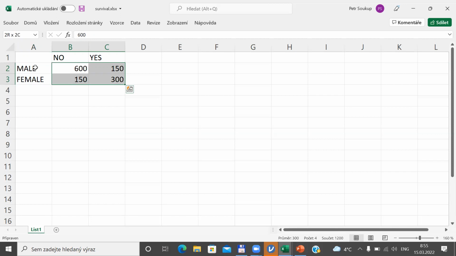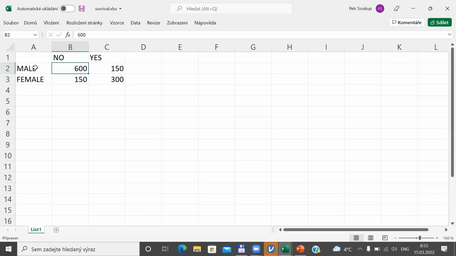Our data file, which will be present in Chemovi in the next few minutes, will be nearly the same; I only slightly rounded these figures up or down for simplification. So here we have male and female data about survival or about dead people in the Titanic.